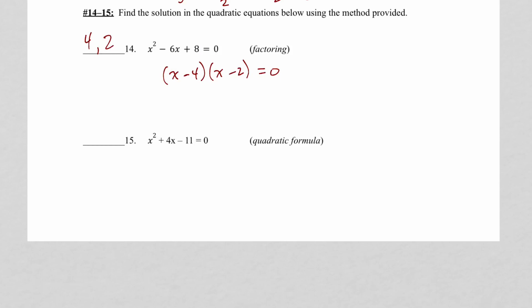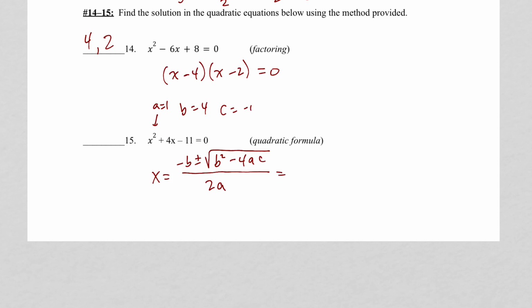The quadratic formula, x is equal to negative b plus or minus the square root of b squared minus 4ac all over 2a. So a is 1, that's the number in front of here. B is 4, that's the number there. And c is negative 11, that's the number there.